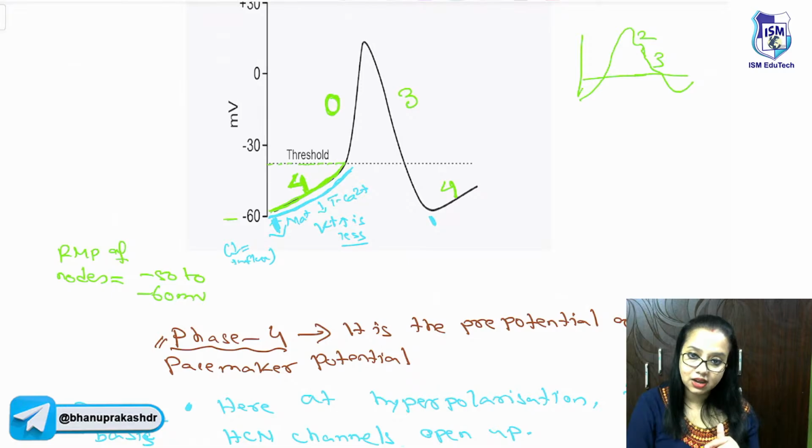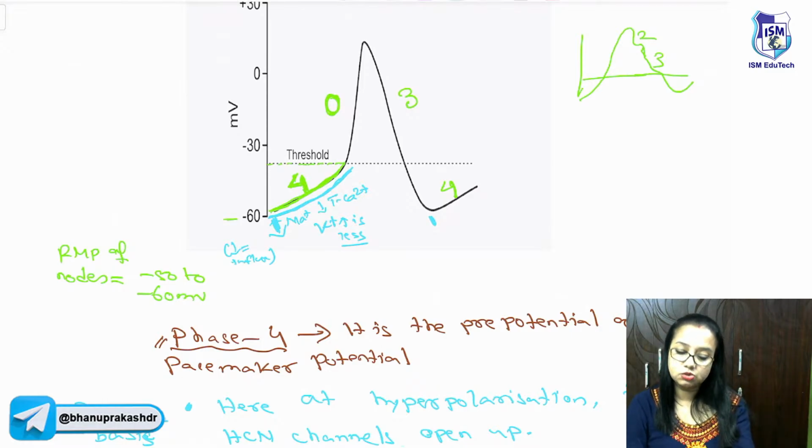So all these three factors make the nodal cell resting membrane less negative. So if it was minus 60, it goes to minus 30, minus 35. This is where it gains the threshold stimulus. Once it gains the threshold stimulus, it shows depolarization, the firing.